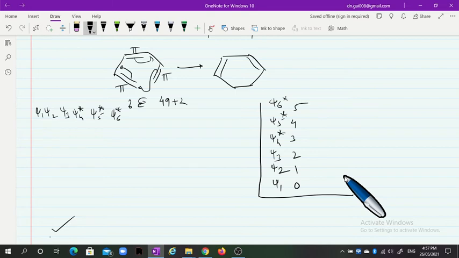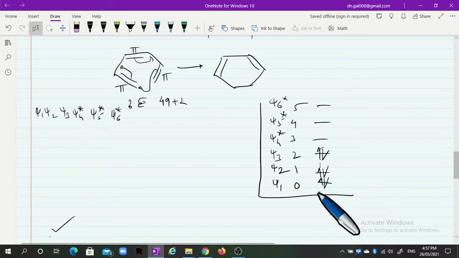If it is thermally induced closing, then the six electrons have no excitation.